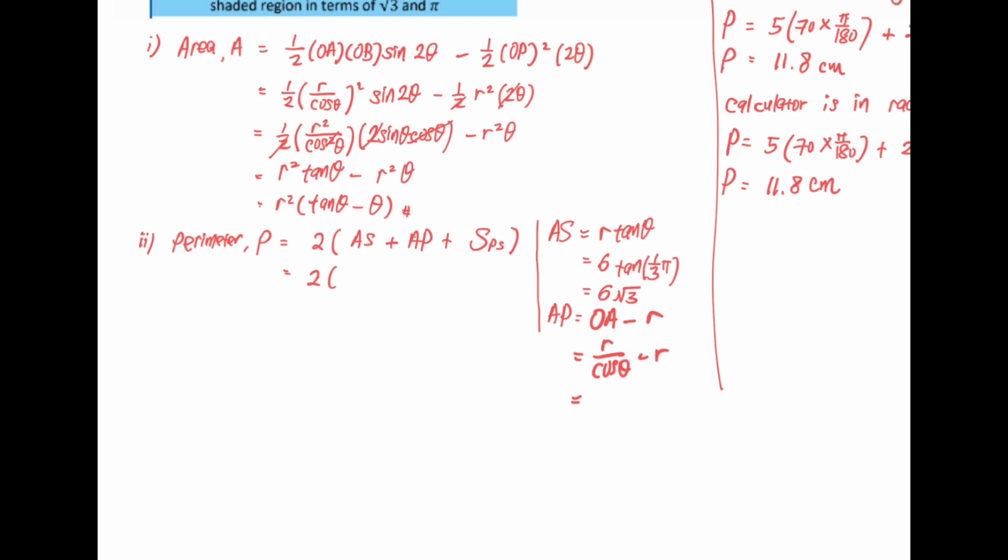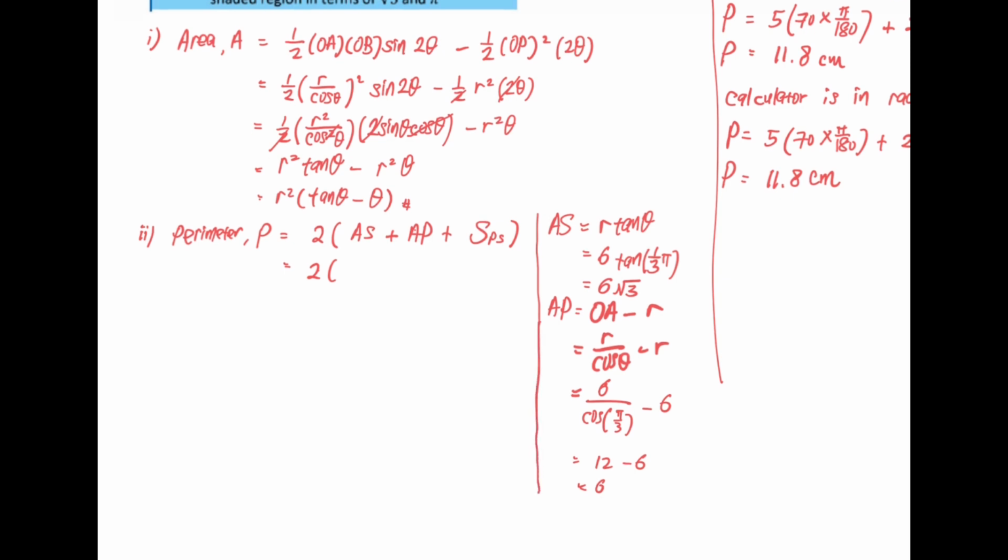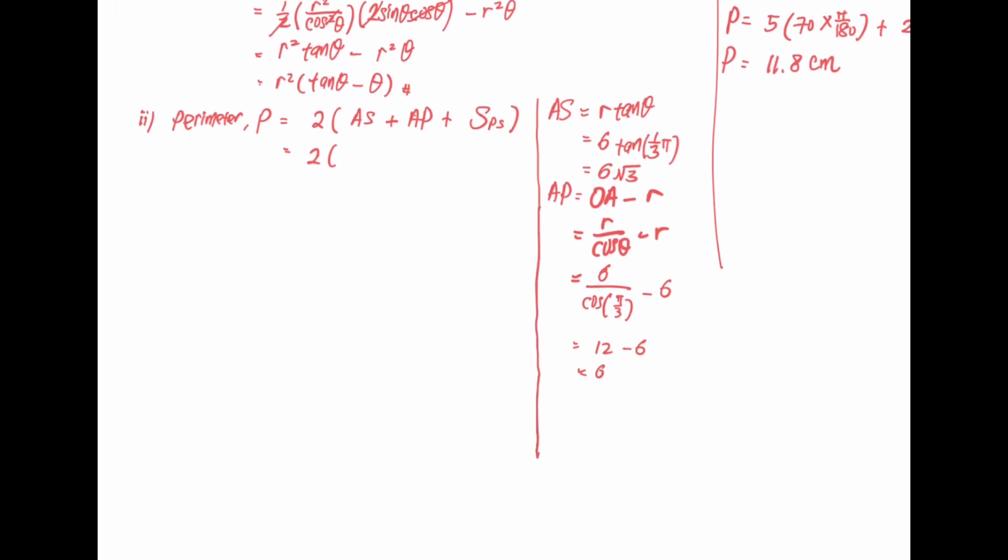The R is 6, and then the theta is pi over 3. So minus 6. Then we get 12 minus 6, which is 6. And that is AP.